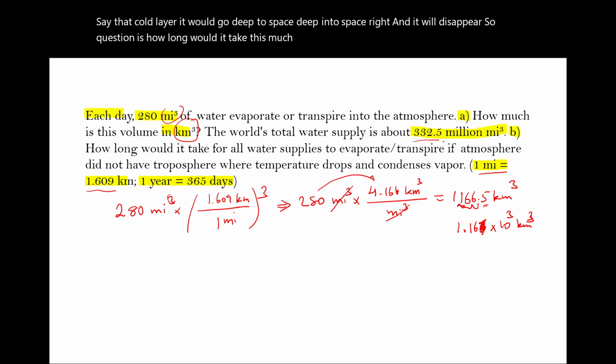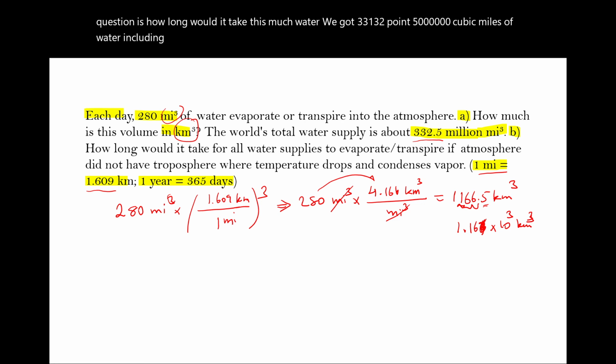So the question is, how long would it take this much water? We got 332.5 million cubic miles of water, including everything: oceans, seas, and other water. That is what we have. So how long would it take to evaporate? Basically simple.